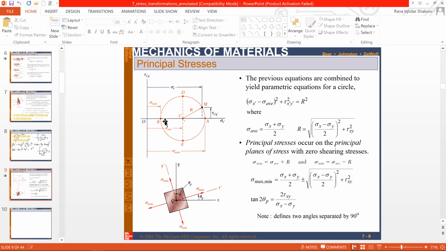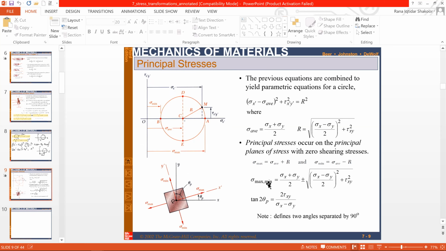And then we will see how to draw this circle. So sigma average will be sigma x plus sigma y over 2. R will be this. Sigma max will be sigma average plus radius, whereas sigma minimum will be sigma average minus R.